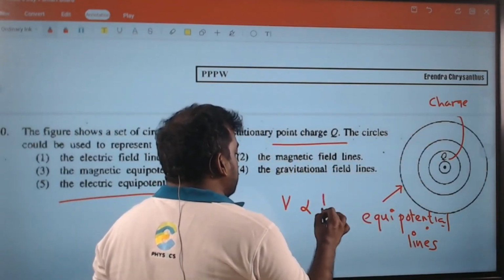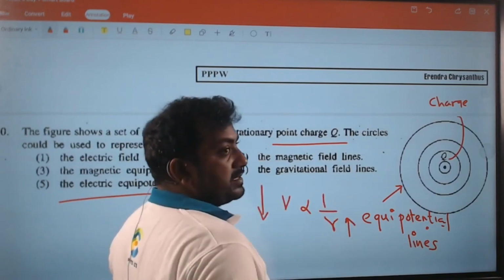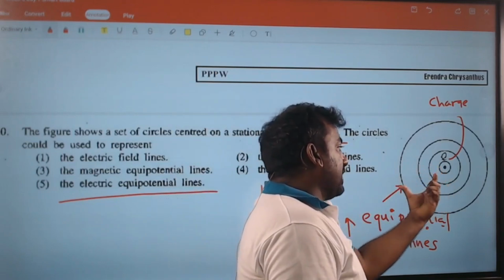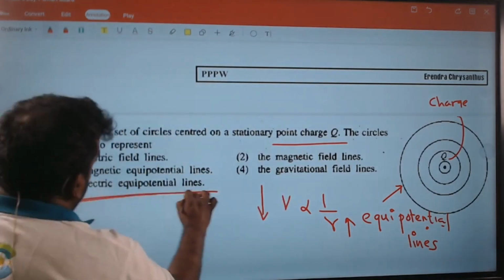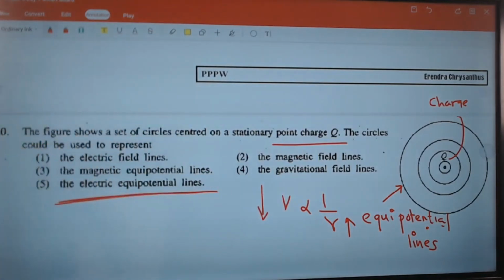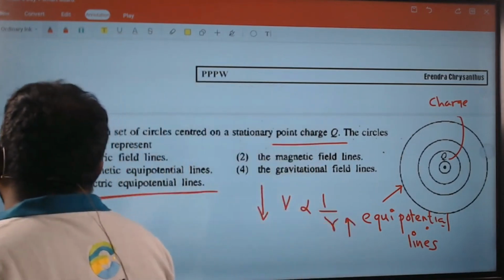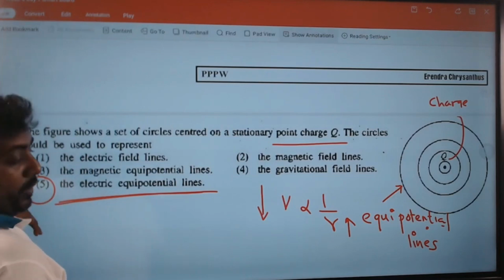Potential is inversely proportional to distance. As r increases, potential reduces. To show that the potential reduces with distance, the gap increases with distance. Due to a point charge, equipotential surfaces occur. Right. So 20 MCQs done.